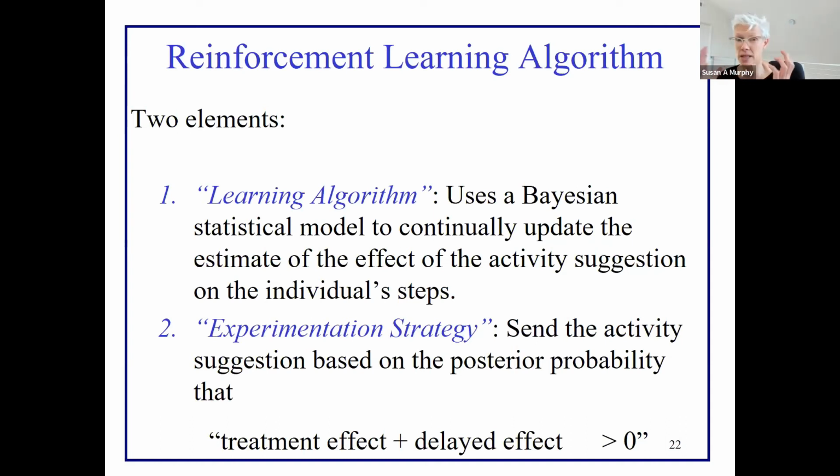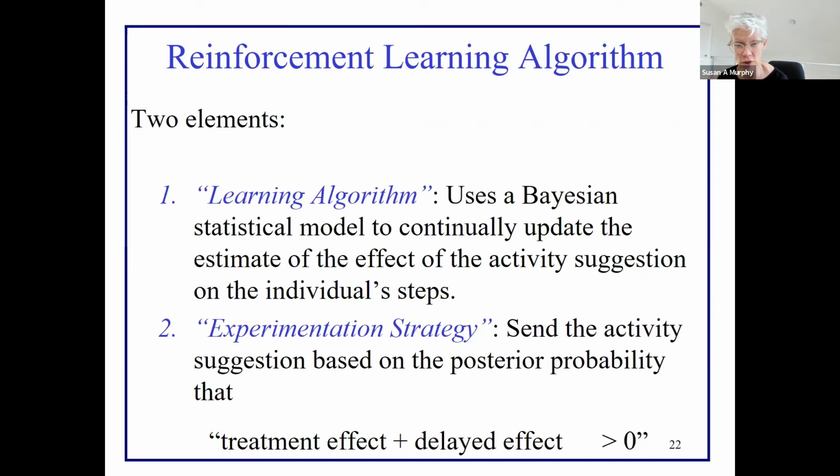It calculates posterior probabilities, which are probabilities that are updated after you have received data. These probabilities are based on how responsive that user has been. We calculate the posterior probability that there's going to be a treatment effect in the state you're in right now, plus a prediction of whether or not there's going to be a negative impact of sending you a message in the state you're in right now.